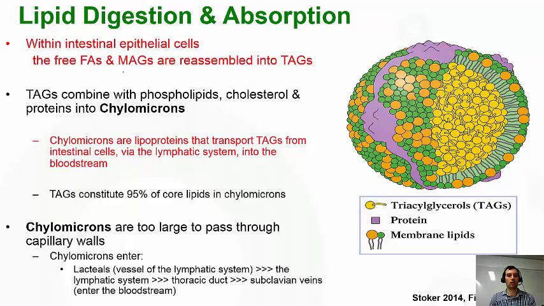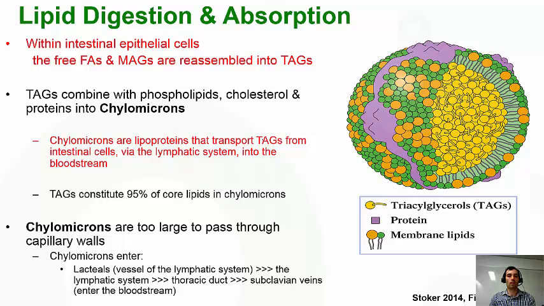Basically, within the epithelial cells, we have the reassembly of the triacylglycerols into what we call the chylomicrons. The chylomicron is a combination of the triacylglycerol, phospholipids, cholesterol, and also proteins. Essentially, the chylomicron is a carrier for the triacylglycerol.